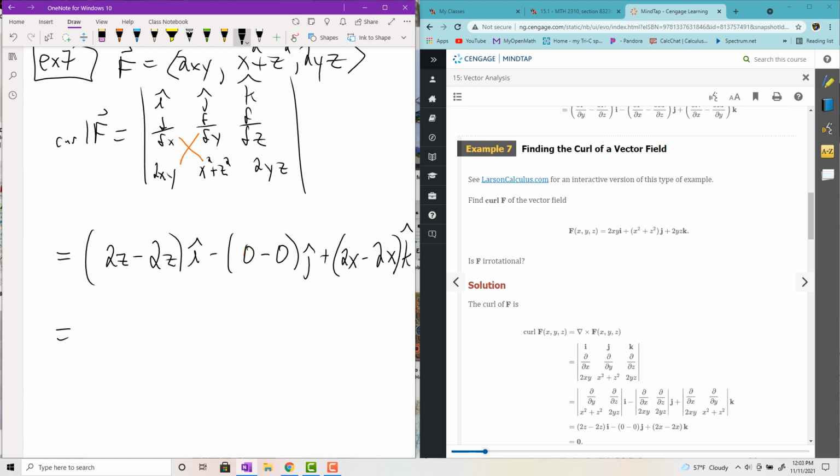And of course you see that in the end you get the 0 vector, which implies the vector field was conservative.